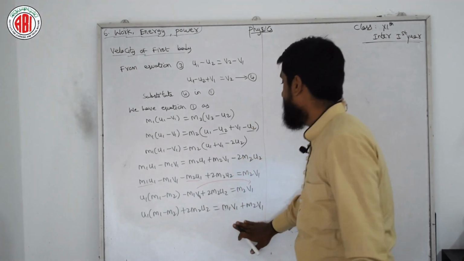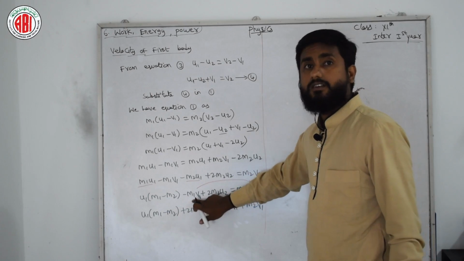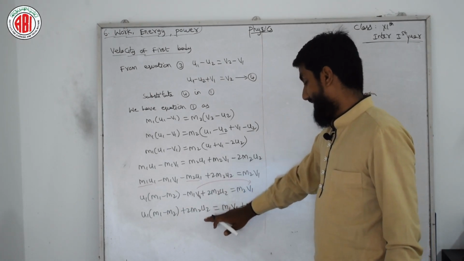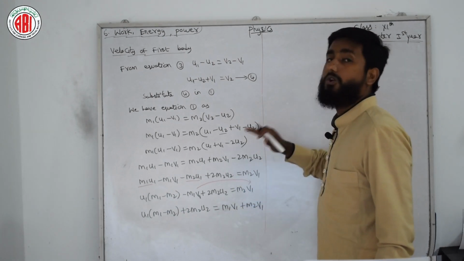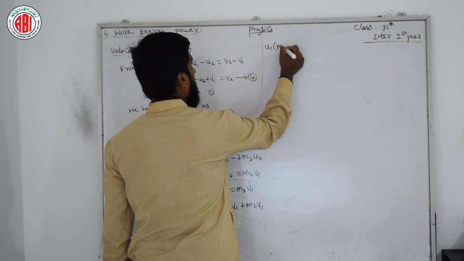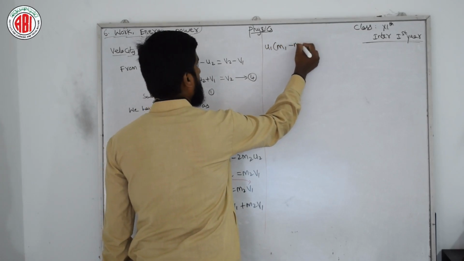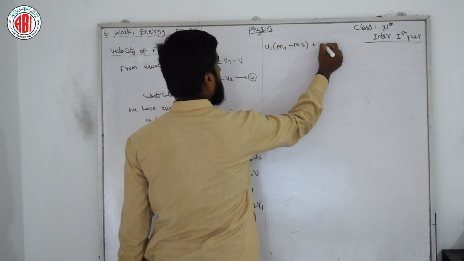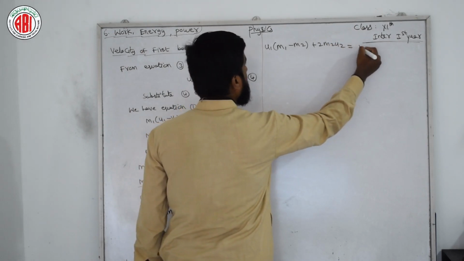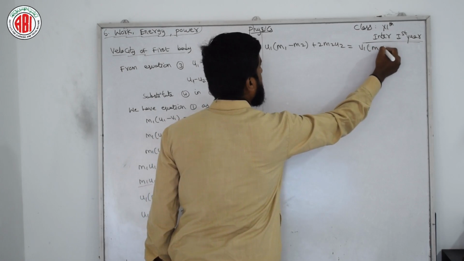How did we get this? Because the minus m1 v1 goes to this side and becomes plus, so I write it in sequence as m1 v1 plus m2 v1. The step is the same: u1 into m1 minus m2 plus 2m2 u2 is equal to, taking v1 as common, v1 into m1 plus m2.